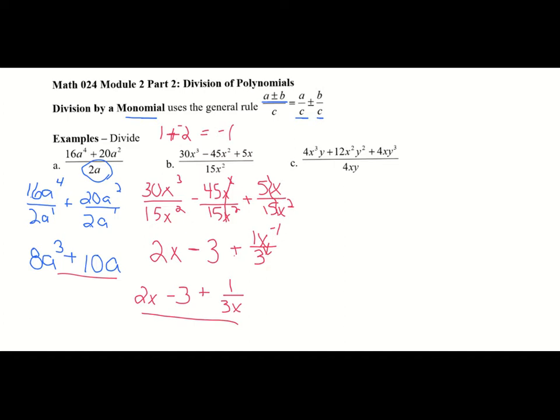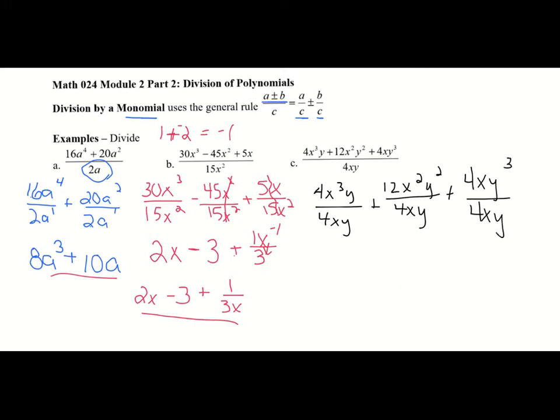All right, and let's look at C. Again, I'll break it up. So I have 4x cubed times y over 4xy plus 12x squared y squared over 4xy plus 4xy cubed over 4xy.